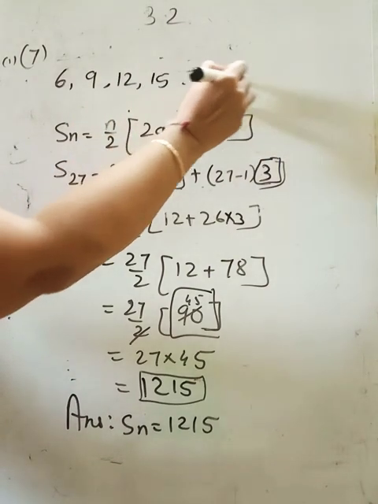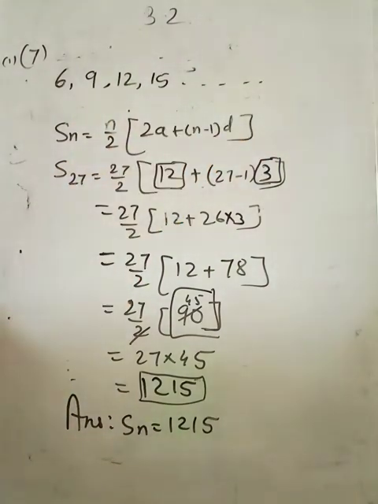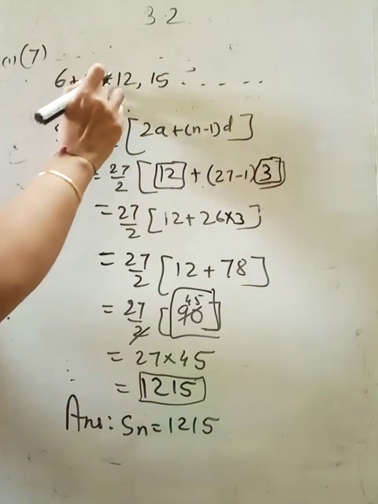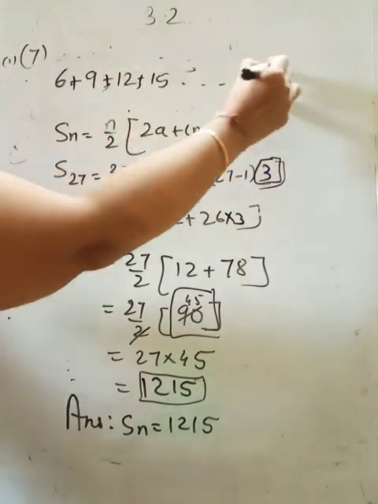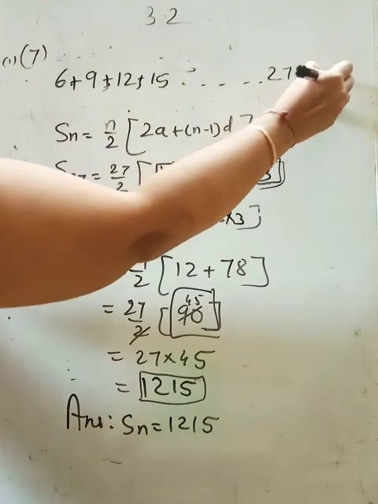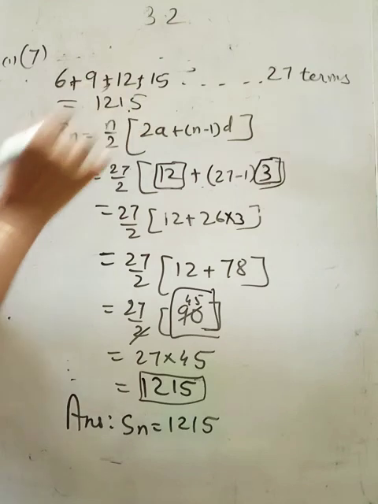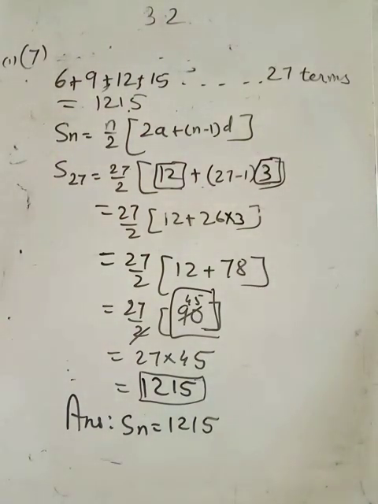Like that, when you add 27 terms, the addition will be 6 plus 9 plus 12 plus 15, like that 27 terms. Not times, terms. Then you will get an answer of 1215. Got it? Did you understand the meaning of this?